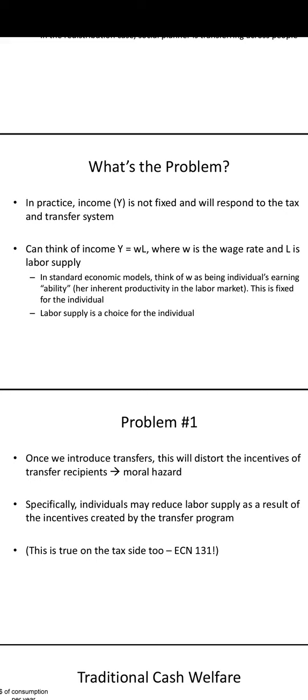In the standard economic models, think of W as the individual's earning ability and inherent productivity in the labor market. This is fixed for the individual. Labor supply is a choice for the individual.